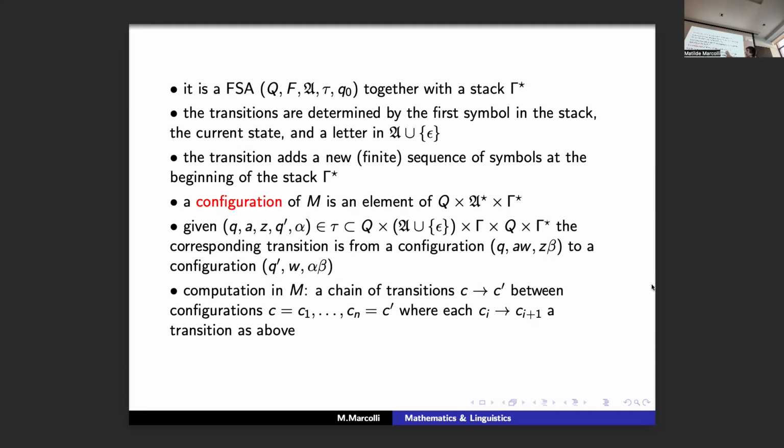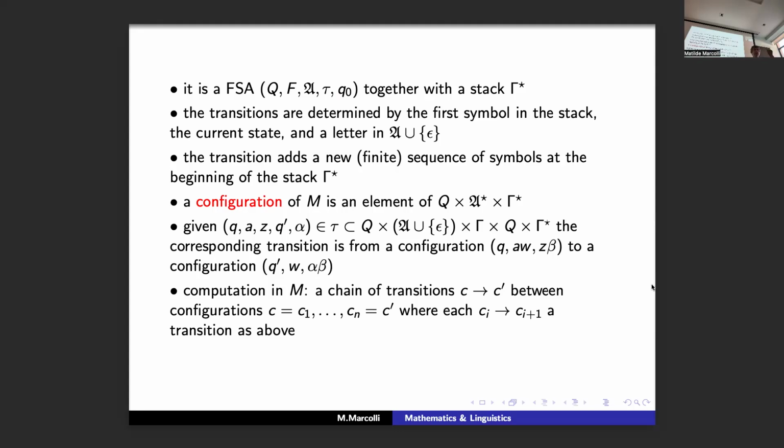The configuration of your automaton is now the state in which you are, an element in Q, a certain string, which is what you have read on the tape up to that point, and what you have in the stack at that step in the calculation.